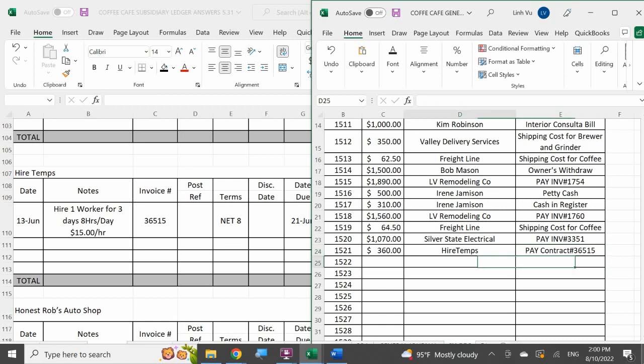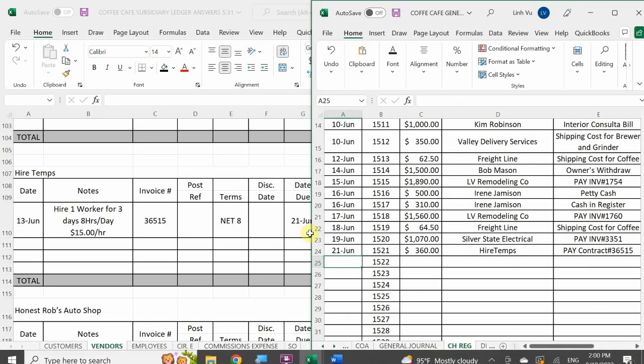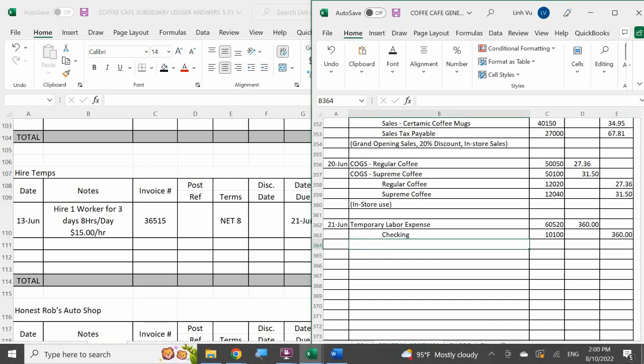Okay. 1521 is our check number. So I will enter Hire Temps, contractor number 36515, and check number 1521.